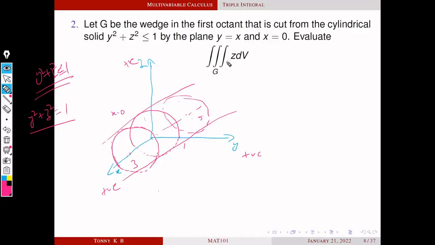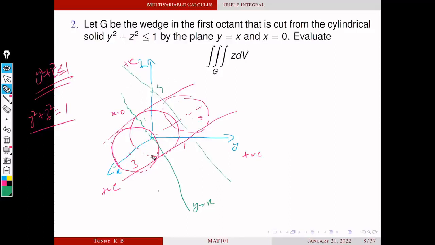Then what about y is equal to x? We know that y is equal to x is a straight line like this in the xy plane. But there is no restriction for z, so you can draw the straight line for any z. Suppose z equal to 4, then you can draw a straight line like this.